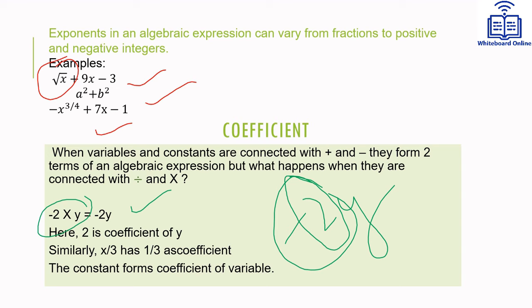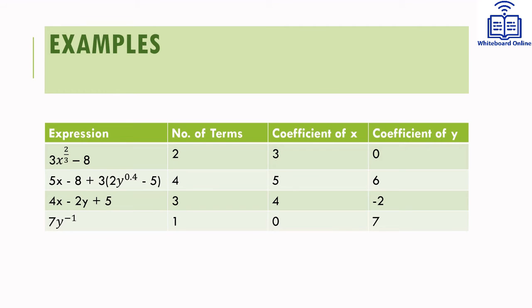Its name is the coefficient of that variable. Students, here are a few examples to clarify our concepts. First example is 3x raised to the power 2 by 3 minus 8. This is an algebraic expression with x as variable, 8 is the constant, and 3 is the coefficient, right?